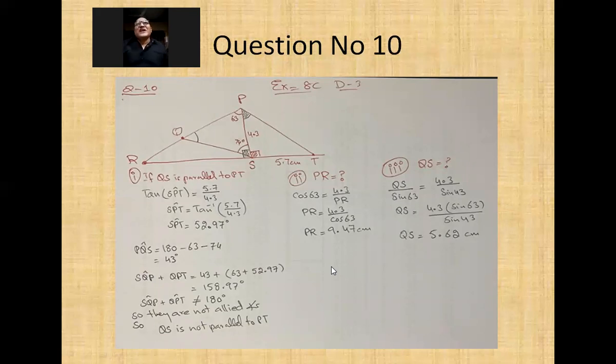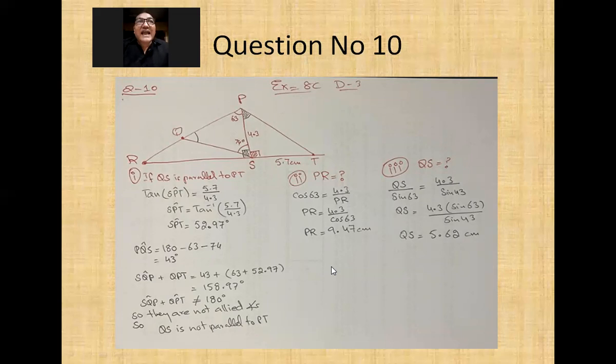The next question showing up on your screen is question number 10. The diagram is given in the question. I have also drawn that diagram here, but I will read the statement of the question from the D3 book. Question number 10. In the figure, RST is a straight line.